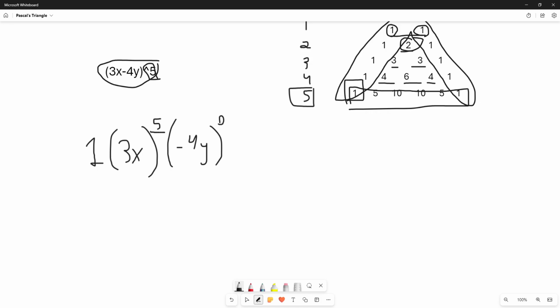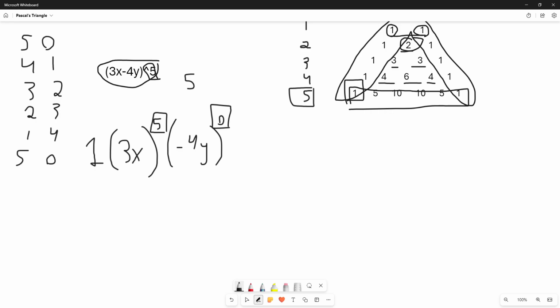Both of these exponents need to add up to 5, because we have an exponent of 5 over here. But you'll see that it corresponds every single time. It's going to change: 5 and 0, then 4 and 1, 3 and 2, 2 and 3, 1 and 4, and then 0 and 5.